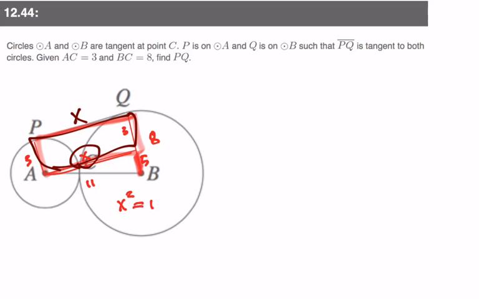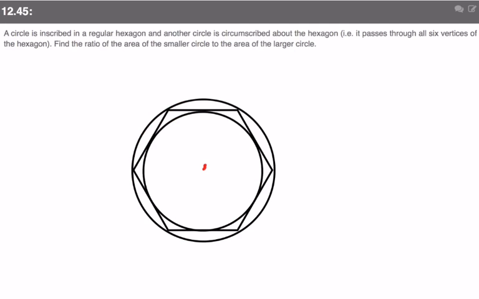So x squared must be equal to 11 squared minus 5 squared. That means 121 minus 25. So x must be equal to square root of 96. That means 4 square root of 6. That becomes our answer.